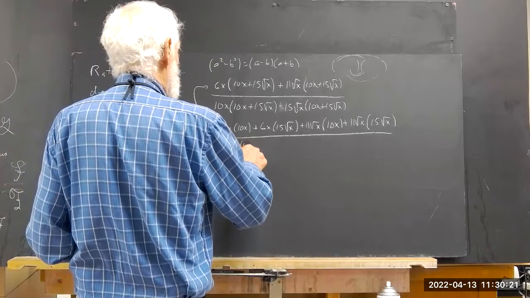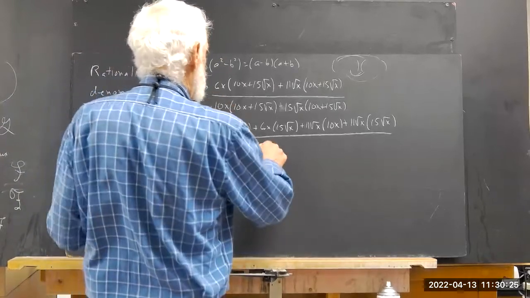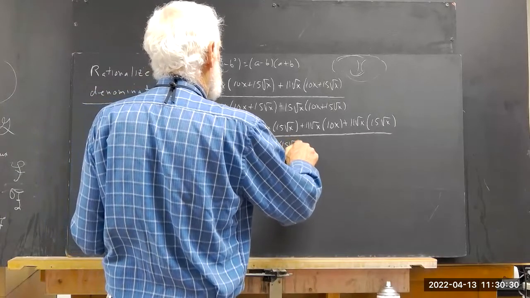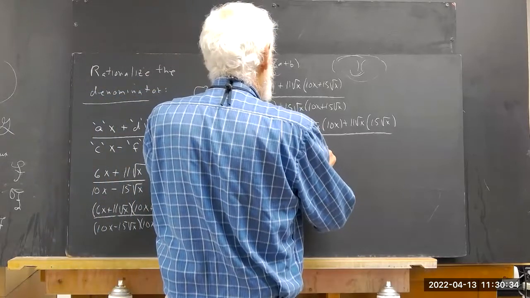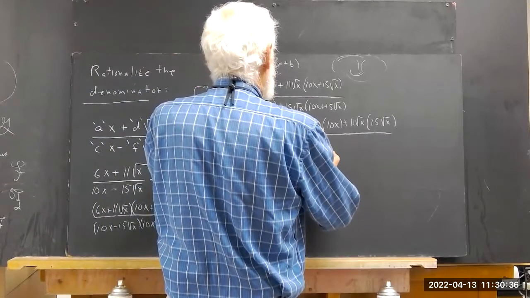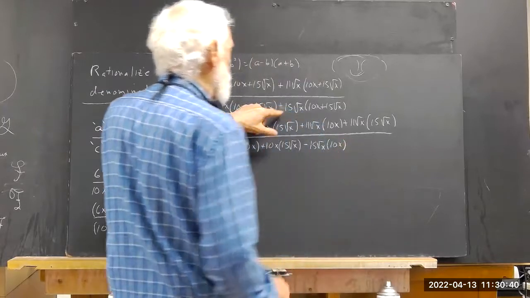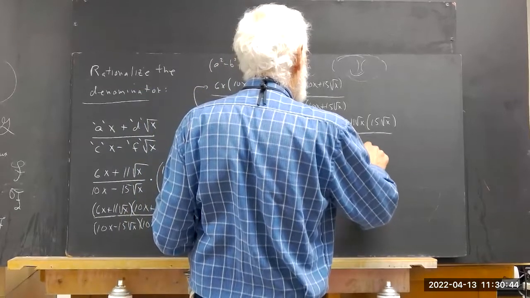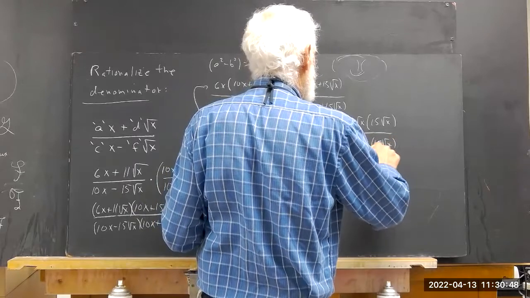Maintain good bookkeeping. 10x times 10x plus 10x times 15 square root of x, and then minus 15 square root of x times 10x, and minus 15 square root of x times 15 square root of x.